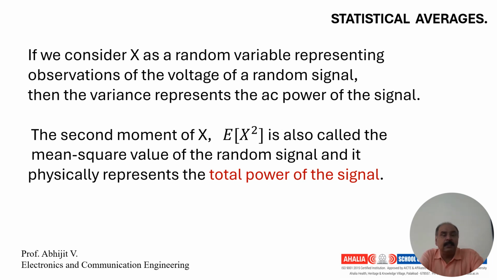Let us consider x as a random variable representing the voltage of a random signal. The variance represents the AC power of the signal. I am trying to explain what is meant by mean and variance using an analogy.